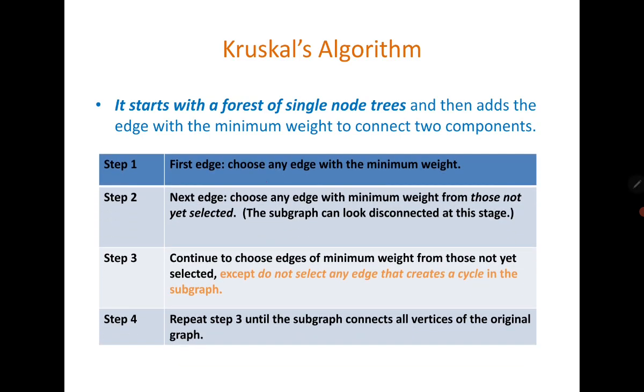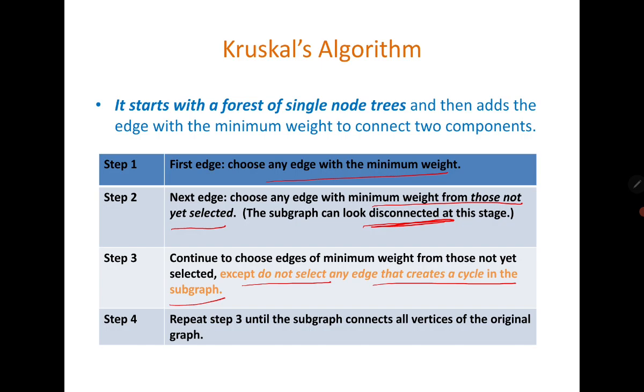You first choose an edge with the minimum weight and then choose any edge with minimum weight from those not yet selected. The subgraph at this stage may be connected, may be disconnected, doesn't matter. The only thing is that you should not select an edge that creates a cycle in the subgraph.